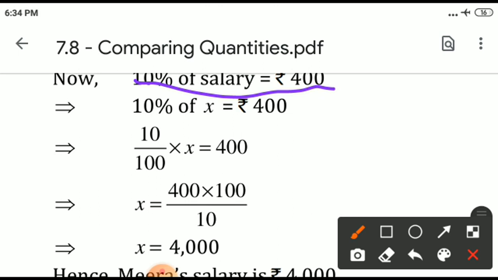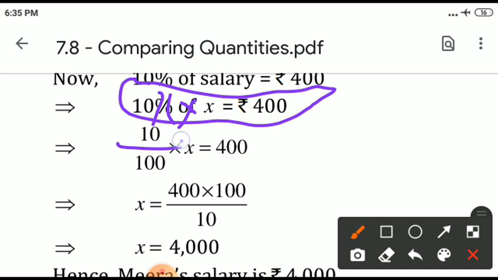So 10% of X is equal to rupees 400. Clear? Now will you tell me what I have to do next? Remove this percent sign and divide by 100, and remove the of and put multiplied by X. So 10 upon 100 multiplied by X is equal to 400.